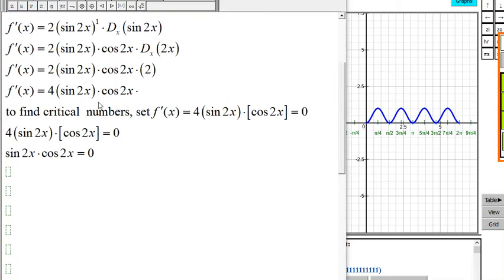And to find the critical numbers, we set the derivative equal to 0. So we have 4 sine of 2x times cosine of 2x equal to 0. Divide both sides by 4, then we get sine 2x times cosine 2x equal to 0.